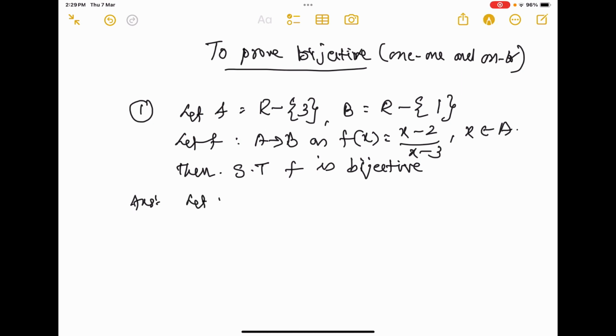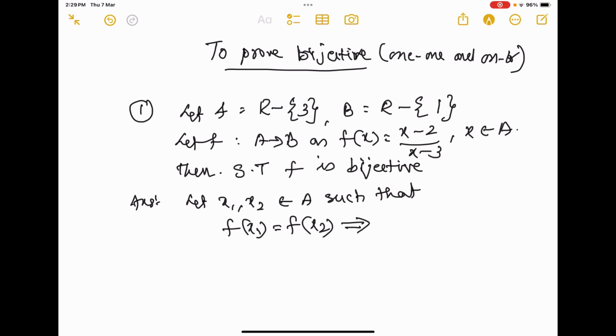let x1, x2 belong to A such that f of x1 equal to f of x2. That implies (x1 minus 2) by (x1 minus 3) equal to (x2 minus 2) by (x2 minus 3).